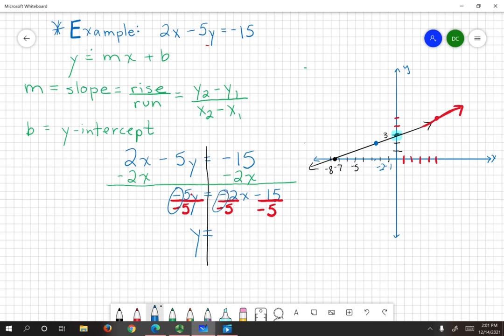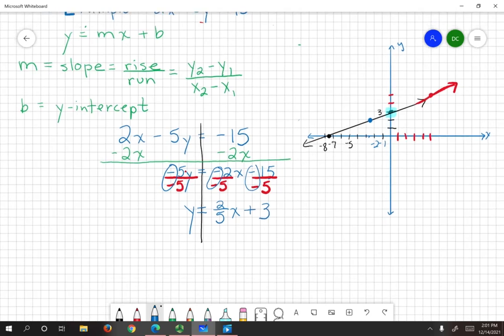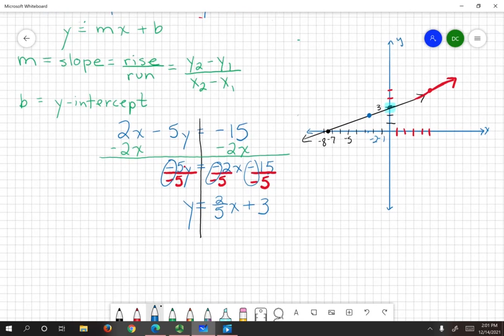Negative divided by a negative, positive 2 over 5x. Another negative divided by a negative, plus 3. So, in this particular case, the slope is 2 over 5, and the y-intercept is 3.